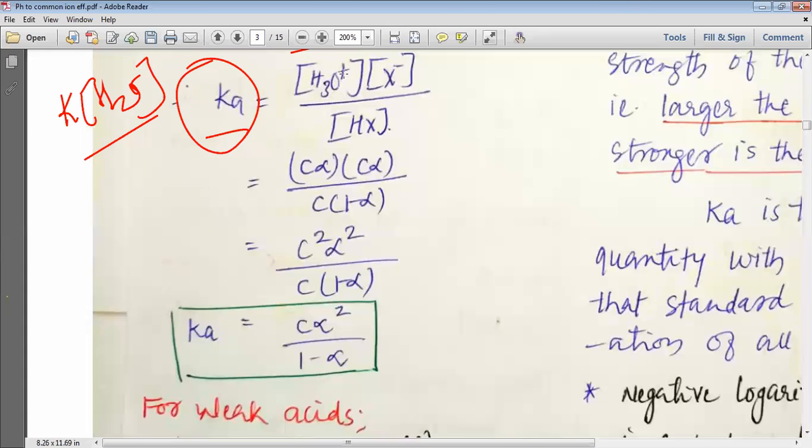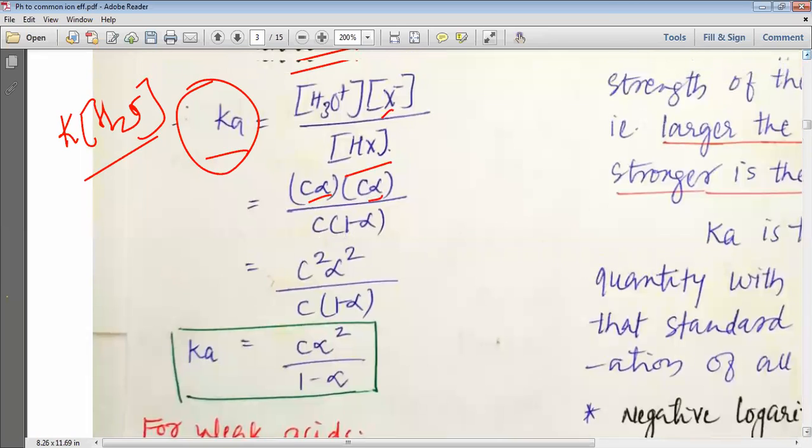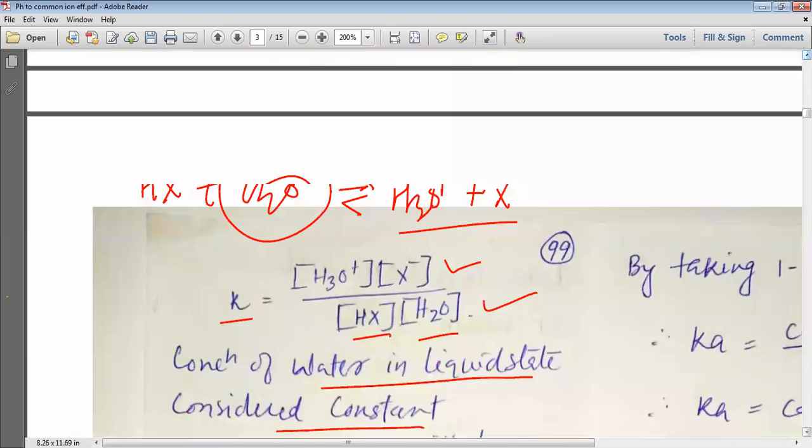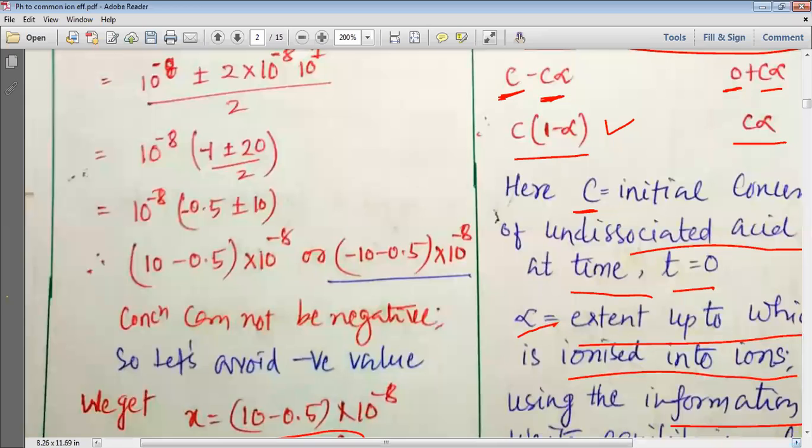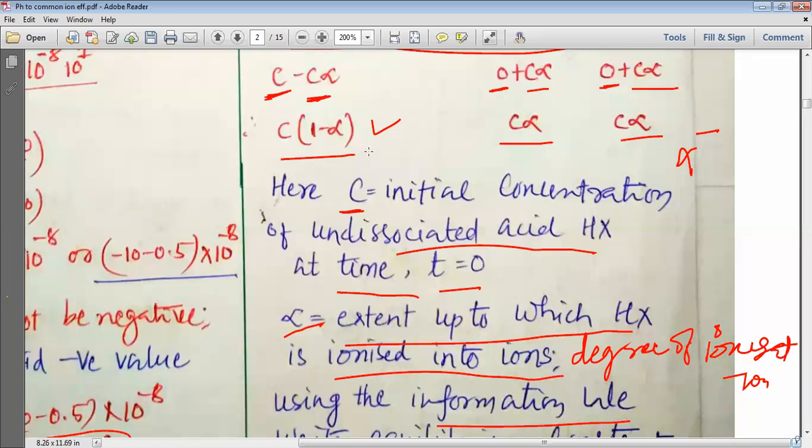Now we know that the concentration of H3O plus is equal to C alpha. The concentration of X minus is C alpha. And for HX we can write C into 1 minus alpha. I hope you can recall it. If not, let me make you understand it once again. You can see that the concentration of our HX was considered to be C into 1 minus alpha.